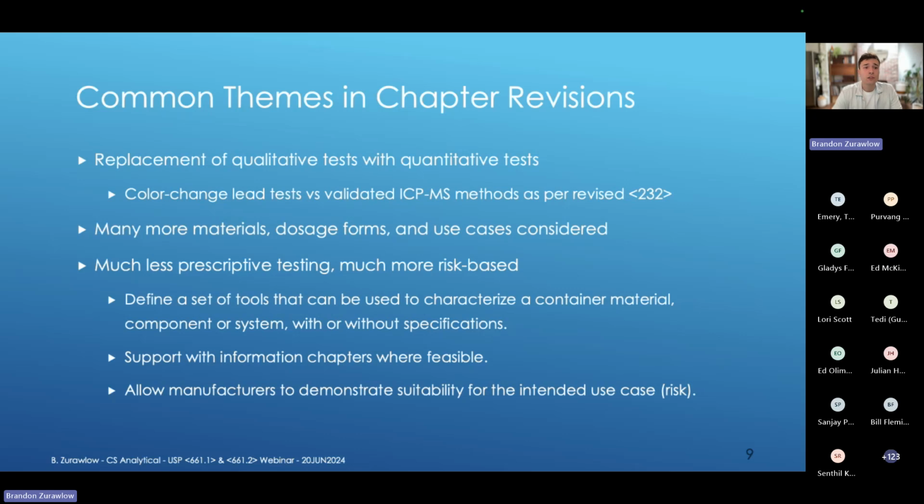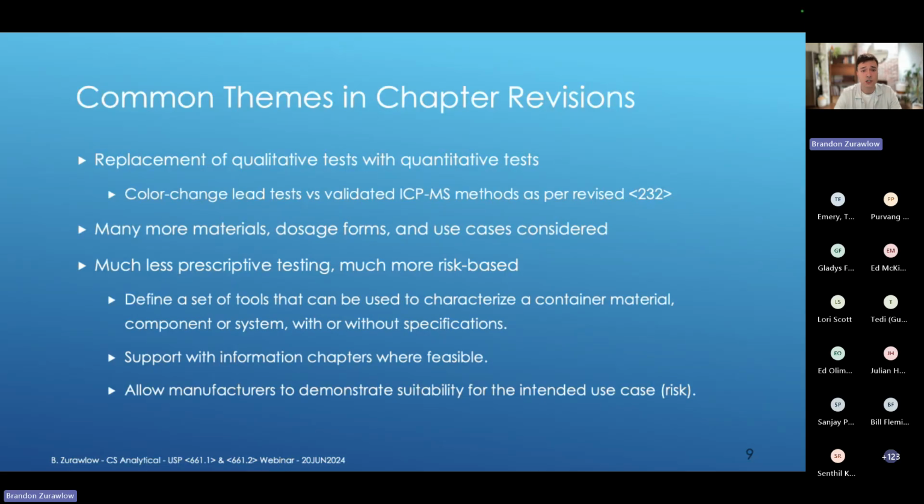So across all of these revisions, there are some common themes. I mentioned generally the concept of replacing qualitative tests with quantitative tests. This is something that is seen throughout the chapters and is perhaps most exemplified by the concept of extractable metals.